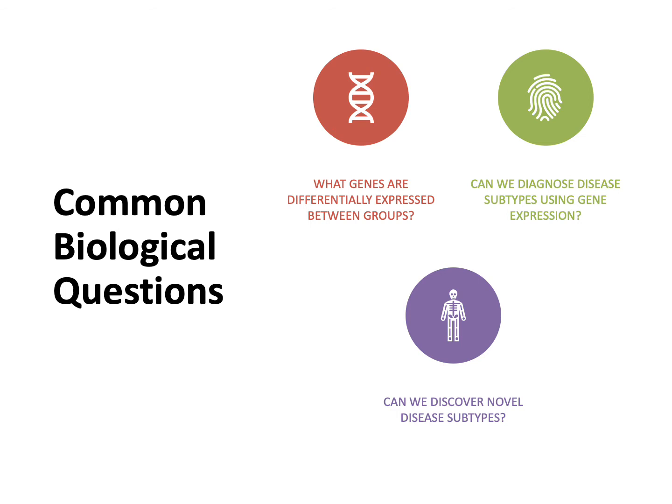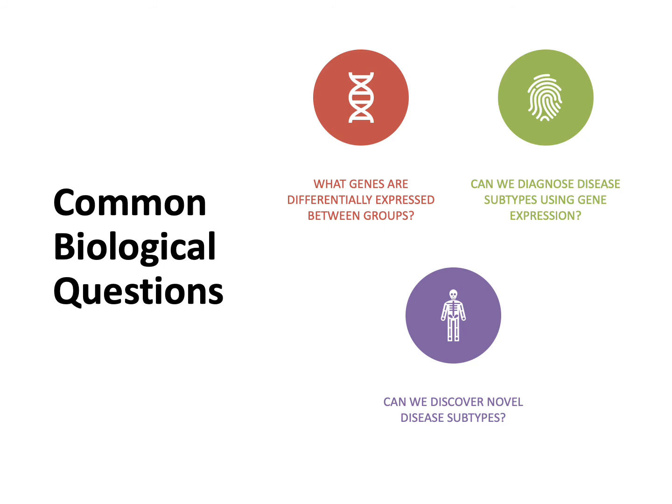Common biological questions that we can ask with this type of data are, first, what genes are differentially expressed between different groups, where groups are different treatments of cells or different patient sets. That's one type of question. A second question could be, can we diagnose disease subtypes using gene expression?